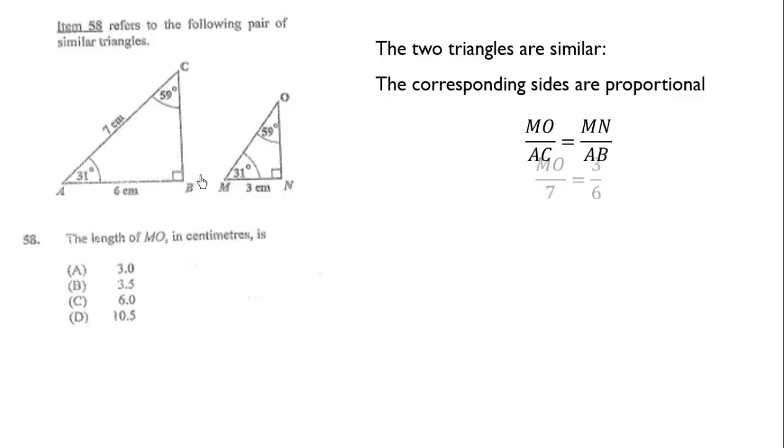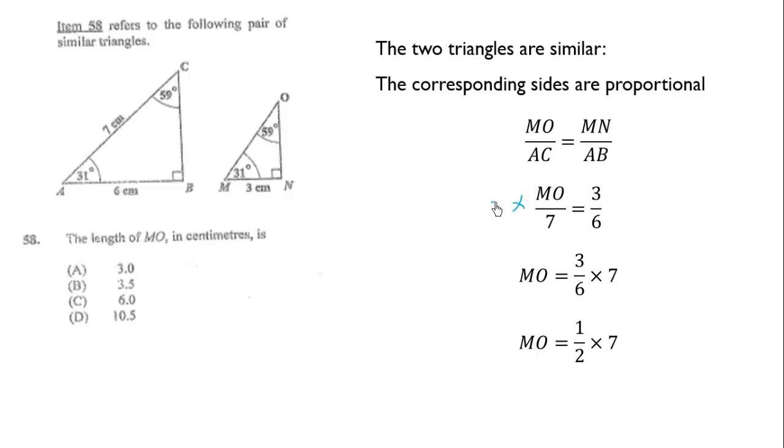Therefore, we substitute the values, and we know that 3 over 6 is the same as half. So half of 7 will be equal to 3.5. So we get this here by multiplying both sides by 7. The 7 will cancel. We are left with MO equal to 3 over 6 times 7. And the correct answer will be 3.5.